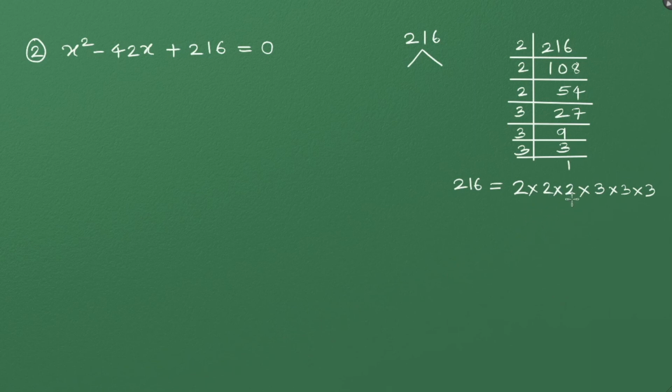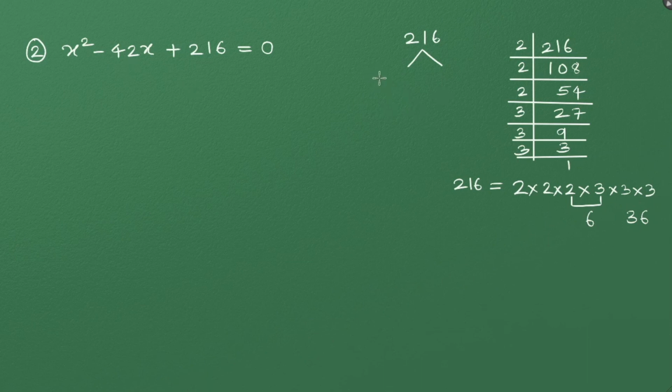Let us try something else. We can take 3 multiplied by 2 as 6 as the first factor, and 2 multiplied by 2 is 4, 4 times 3 is 12 and 12 times 3 is 36. Now 36 and 6 will give 42. So 6 and 36 are the factors. Now we have plus 216, and you should get minus 42x.